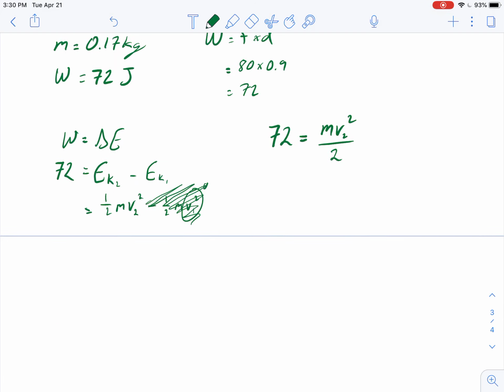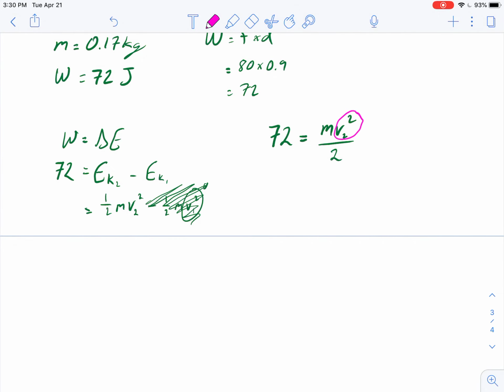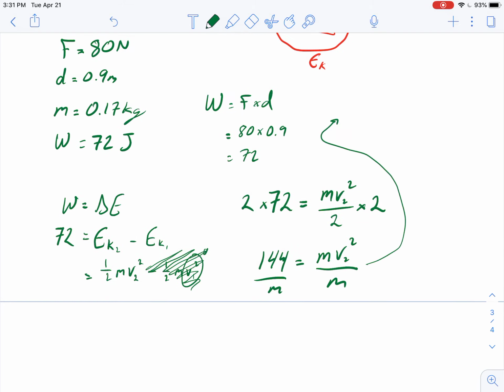If I plug in my numbers, or actually I'm going to isolate for v first, because we want this final velocity all by itself. So we're going to get rid of the 2 by multiplying both sides. You get 144 is equal to m v2 squared. Divide both sides by m, and we end up with v2 squared equals 144 divided by mass.